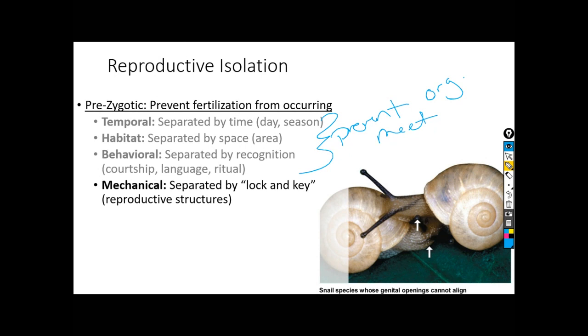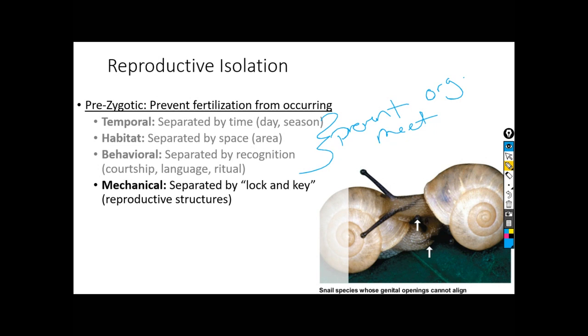Meaning that while they're hooking up, so to speak, they're not going to actually be able to successfully do so. For whatever type of genital system we're talking about, whether there's some sort of intromittent organ, meaning some sort of penis and vagina system, or maybe a series of cloacas, they're never going to match up. Meaning there's no fit.